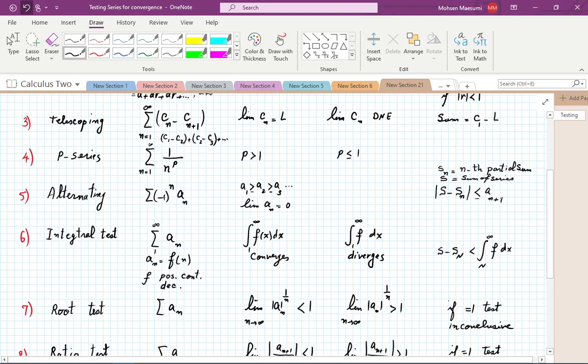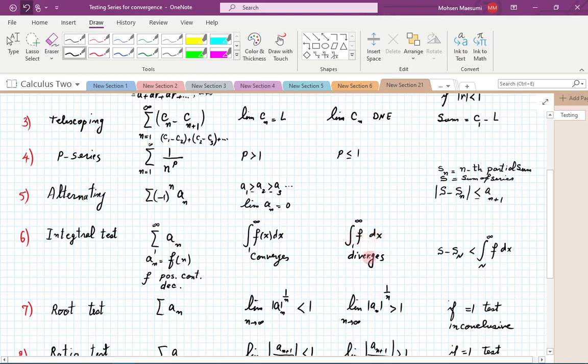Another test we had was the integral test. We have a series and a function that matches the terms of the series. That function is positive, continuous, and decreasing. If the integral of the function from 1 to infinity converges, the series converges.